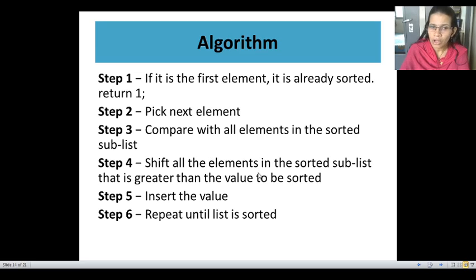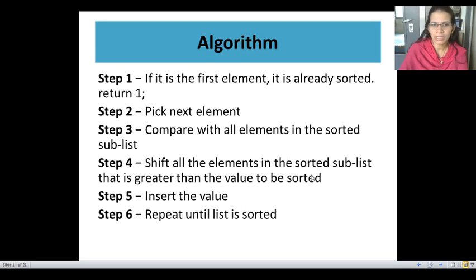Suppose there are two elements in the sorted sublist, then compare this element with those two, and if it is less than them, shift their locations and put this element at the first location. Then insert the value, and repeat until the list is sorted.